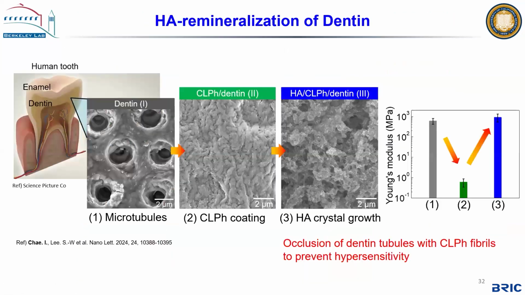Okay. As last, we could demonstrate the actual application of our collagen-like phages. So this is the case. As we grow older and older, there is a demineralization occurring faster than the remineralization on our tooth. So enamel is full of the inorganics, but in dentin, there is collagen and other organics, making a composite with the hydroxyapatite crystals.